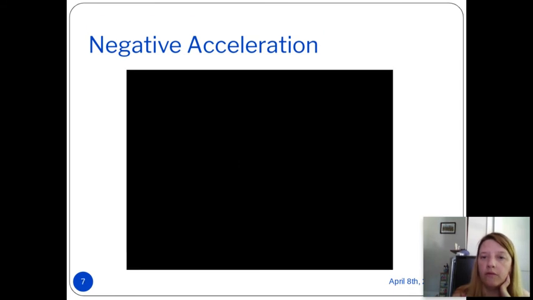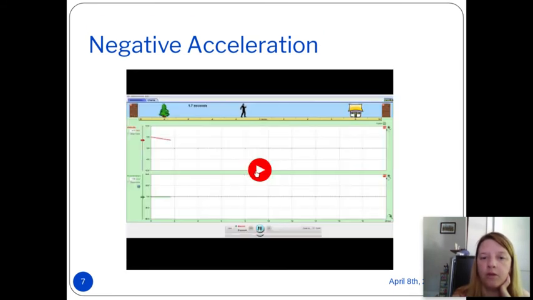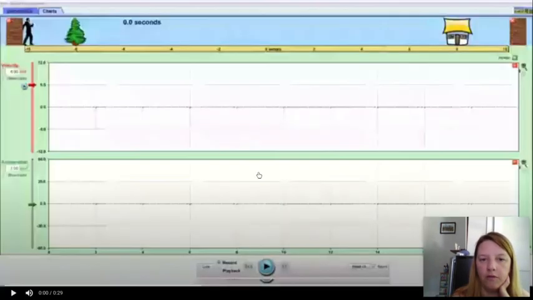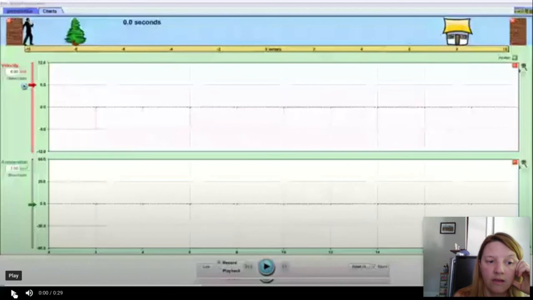Okay, so I have another little simulation to show this hopefully a little more clearly. This guy is starting out at a velocity of 6 meters per second, and he has an acceleration of -1 meters per second per second.